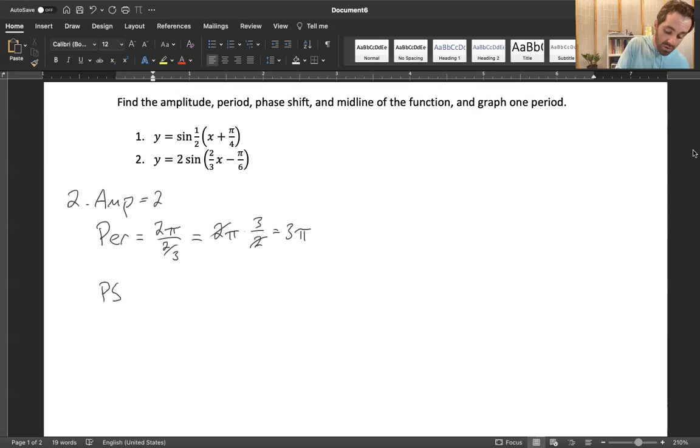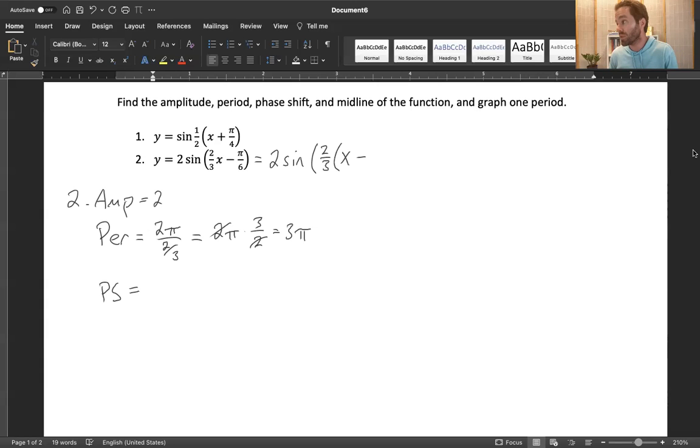The phase shift, in order to do this, I'm going to factor first. So this is going to turn to 2 sine of 2/3 times x minus, and then I need to factor a 2/3 out of pi over 6. Well, 2/3 times what equals 1/6? It has to end with a sixth.